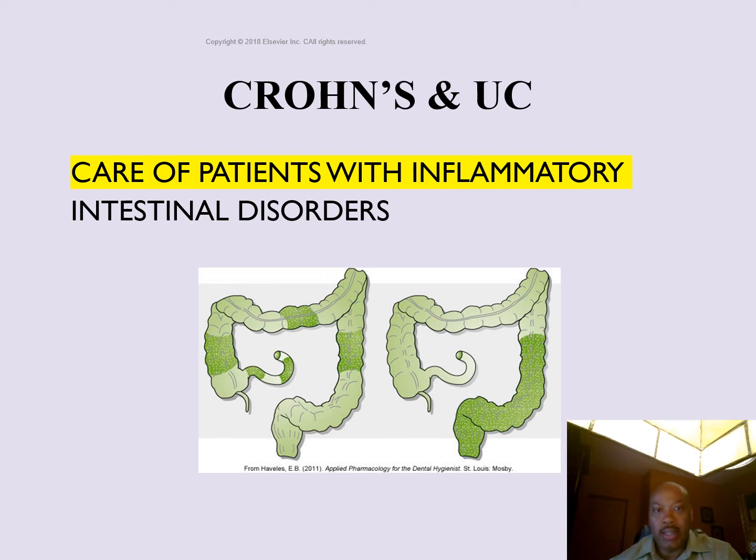Notice, and I have this in your notes, that for Crohn's disease mostly the small intestine is impacted, although it can affect the large intestine. And of course, ulcerative colitis typically only affects the large colon, as you can see in the picture I have here for you.